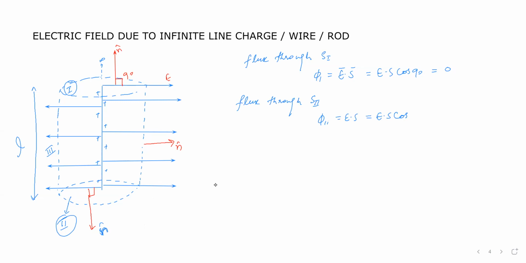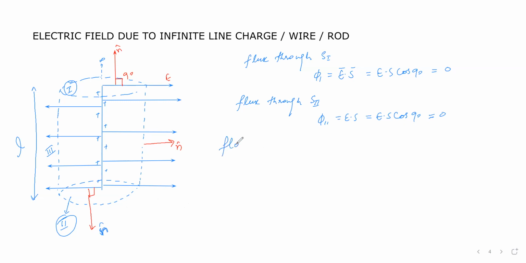Mansi, can you tell me please? What will be the angle between E and S for surface 2? 90 degrees. 90 degrees, exactly. Good. We are taking again 90 degrees. Once again, we get 0.